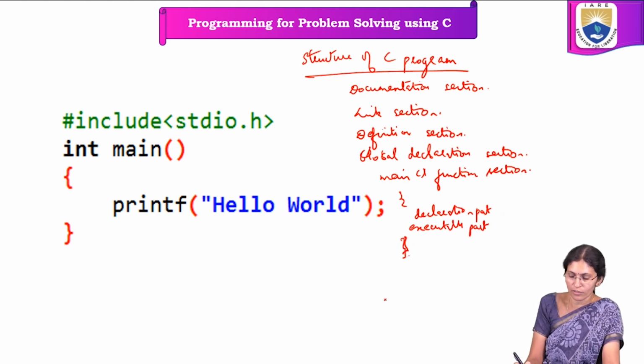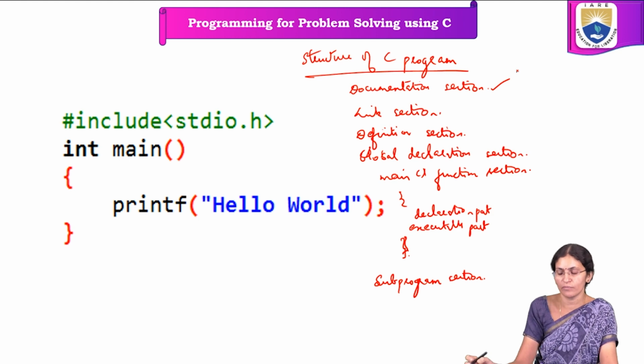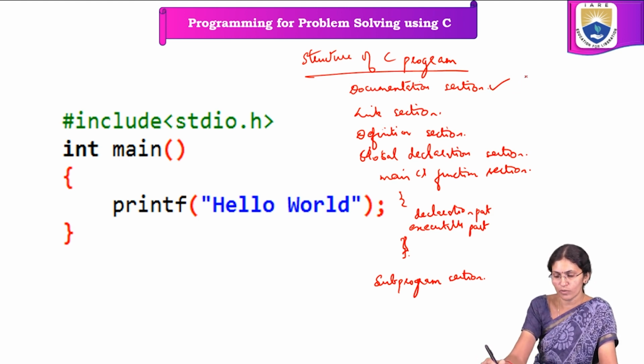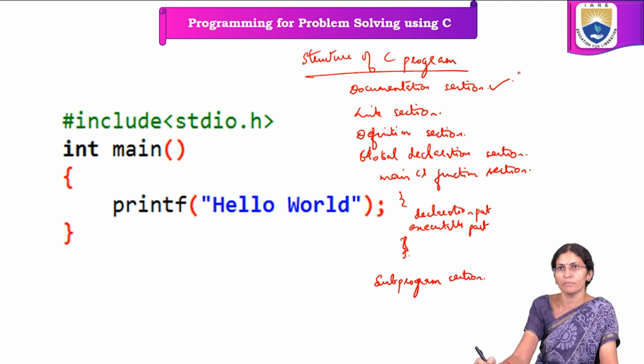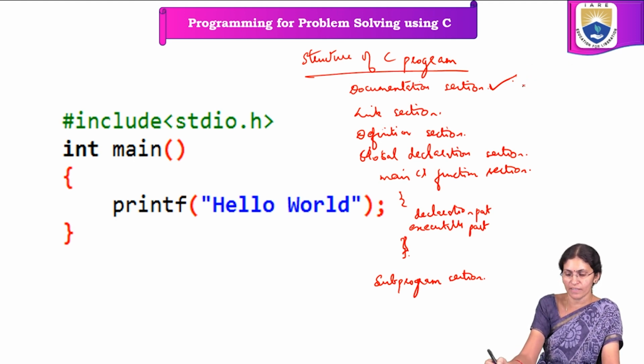After the end of this, we have the subprogram section. We have seen that the documentation section describes what the program is about. It gives clarity to the programmer by including comments: what the program is about, who is the author, and other program details.